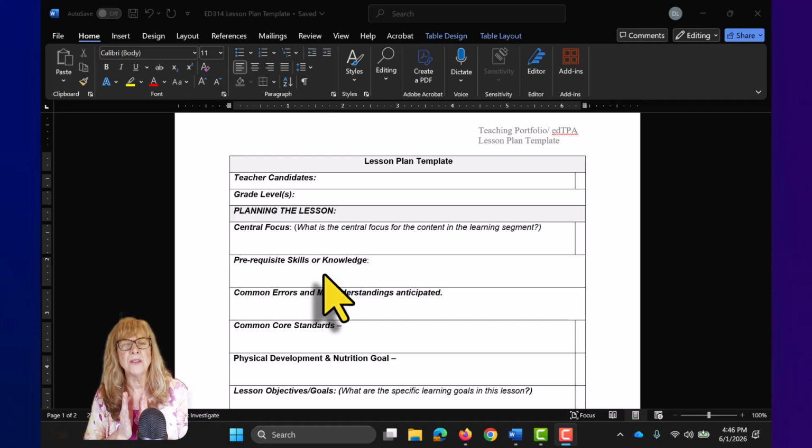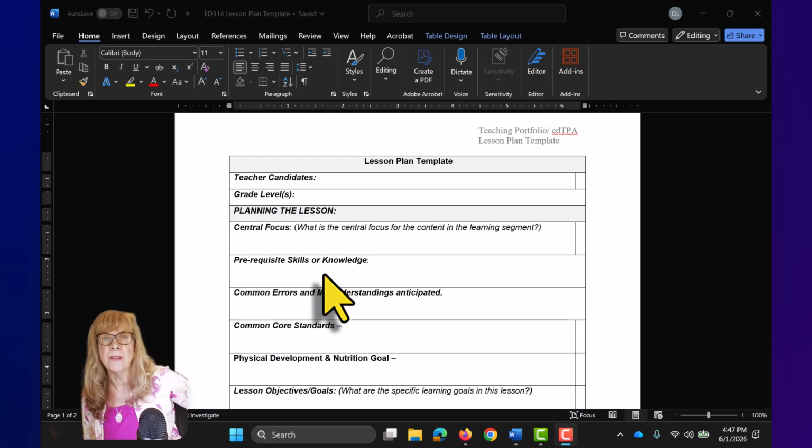Okay, so the next two sections are really some of the most important sections. The next section, Common Core Standard, is for anyone that's an elementary major. You're going to be using the Common Core Standards, or the Next Generation Science Standards for science, and those are all listed on your Moodle page. You want to write the specific standard that you're going to be addressing in this lesson.